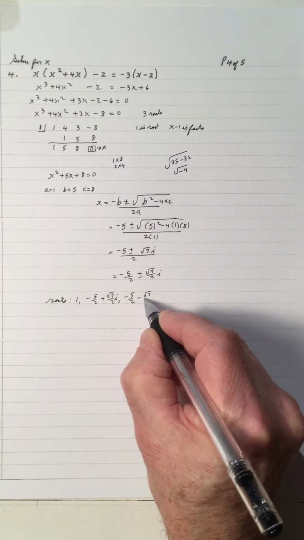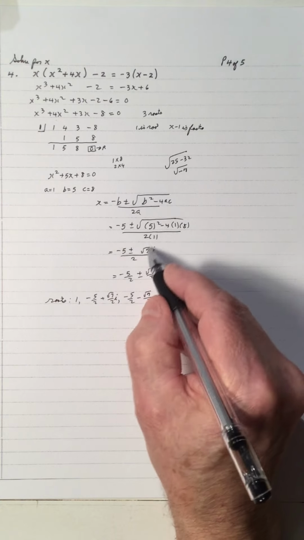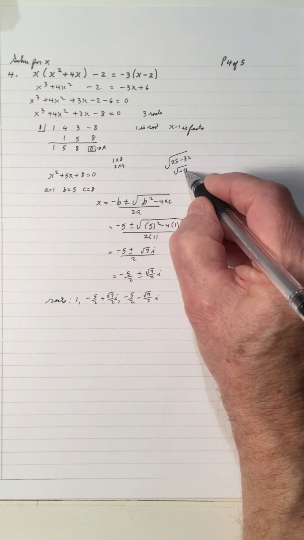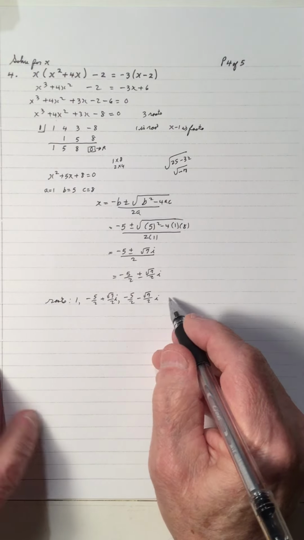Forgot the i. Very important to have the i in there, because that's a negative number underneath the root. We have imaginary roots. So there are the 3 roots.